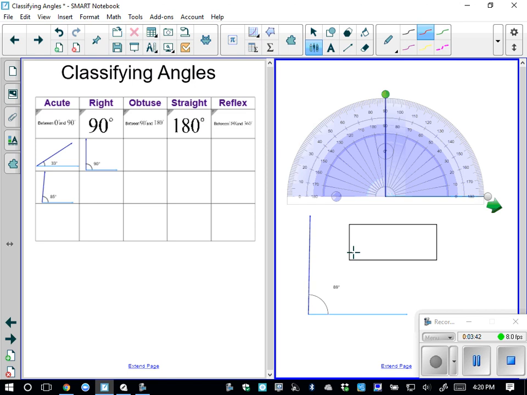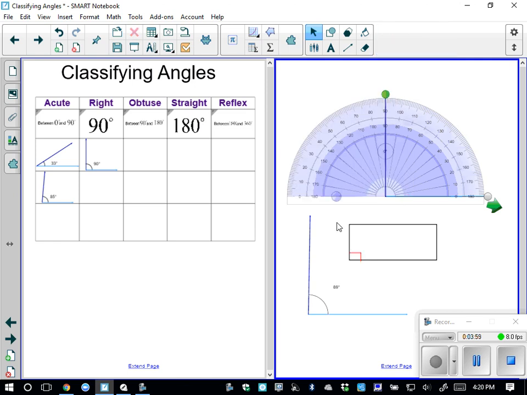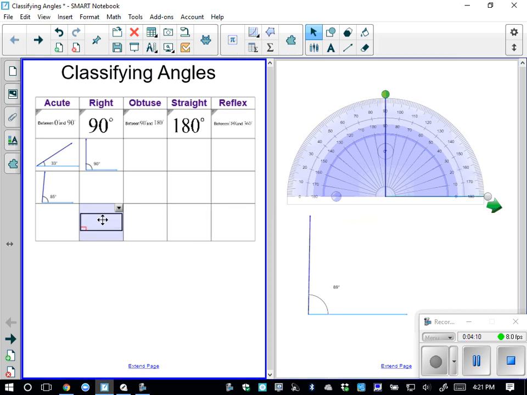One of the things is we see right angles in rectangles and squares quite often. So that is another way to represent a right angle. So we could put that in this picture. Just the red angle is a right angle.